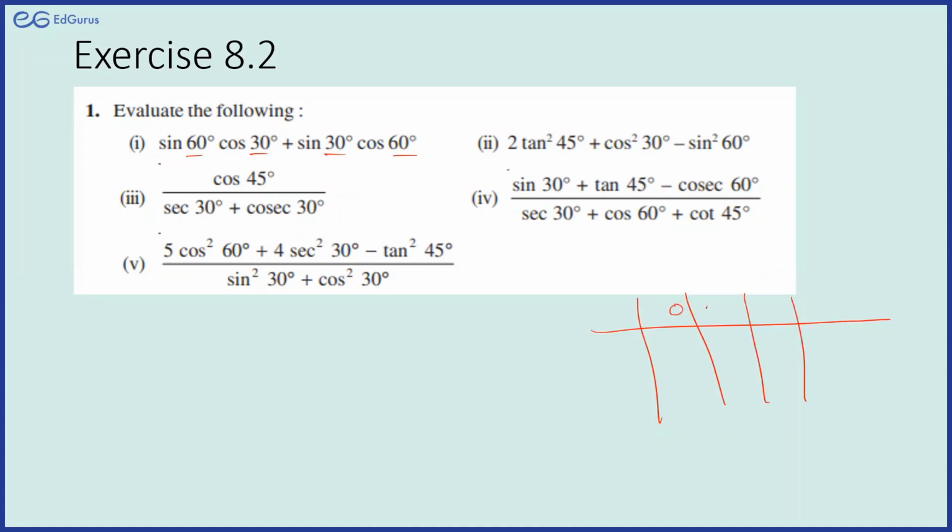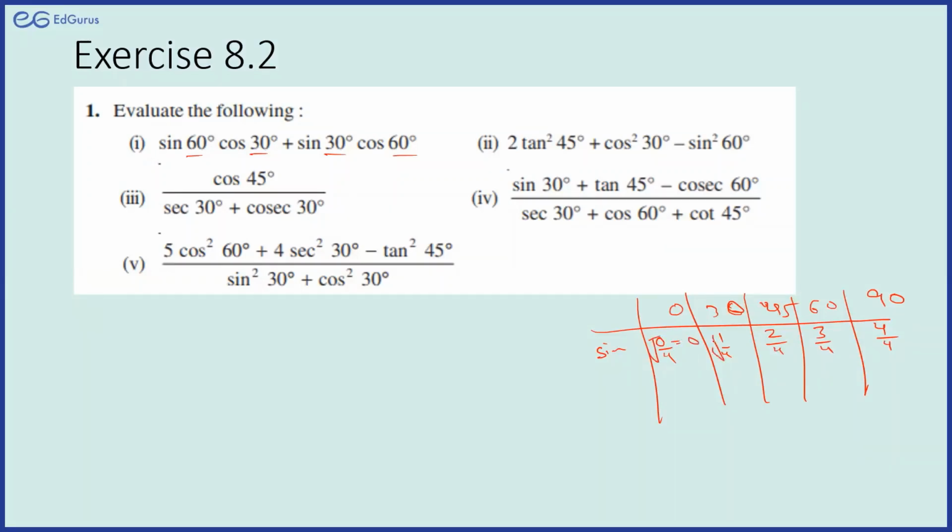You have 0, 30, 45, 60, and 90. You have sine, which is 0, 1, 2, 3, 4 divided by 4, and you take a square root.